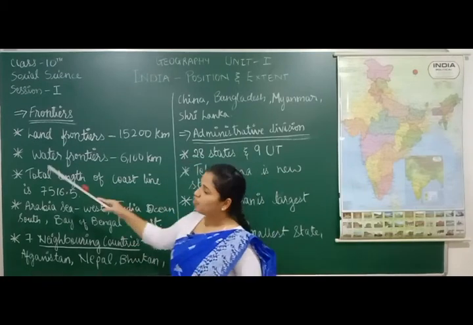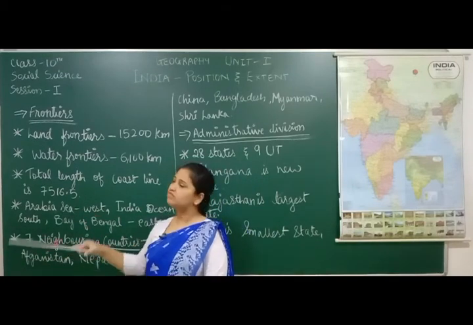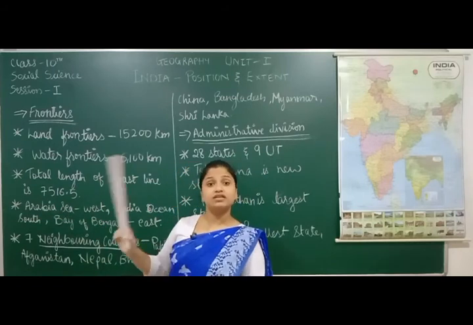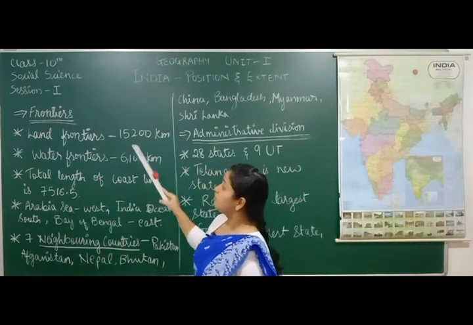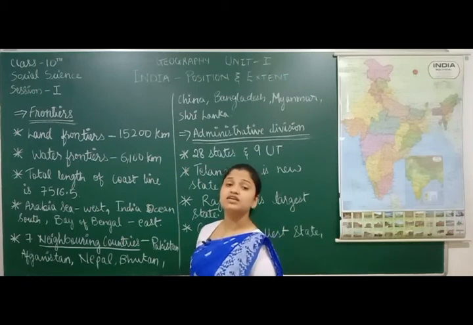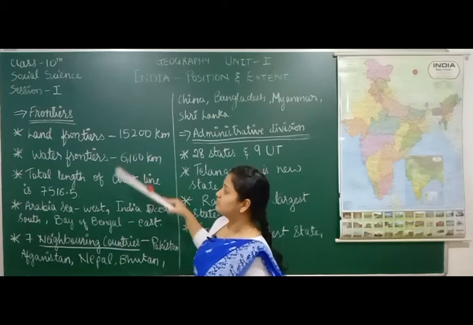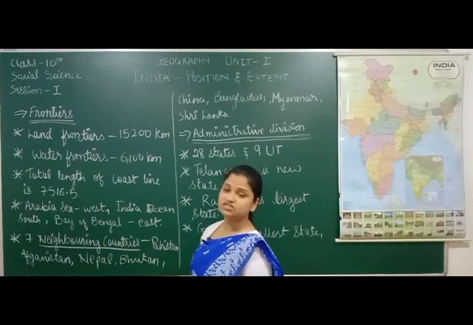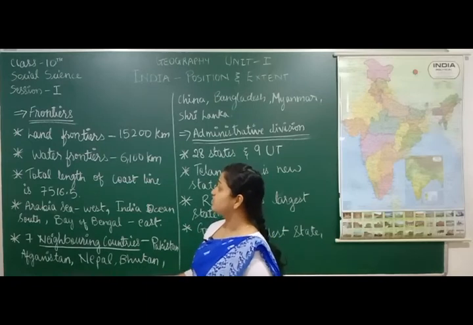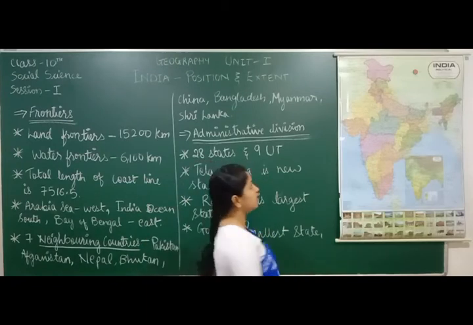So see how much land frontier we have. In total, including the Himalayan mountains and all that, we have 15,200 kilometers of land frontiers, whereas water frontiers, 6,100 kilometers.